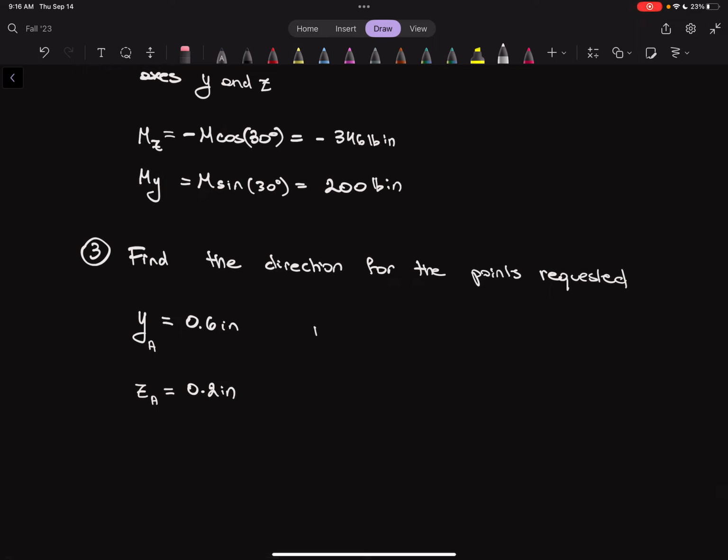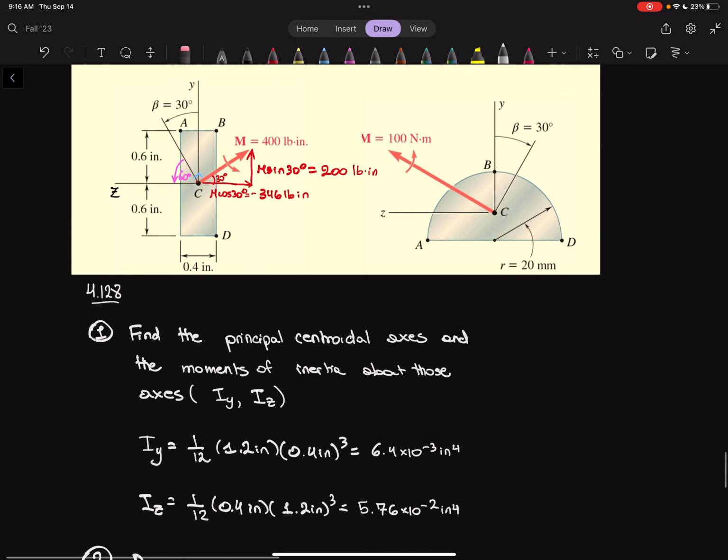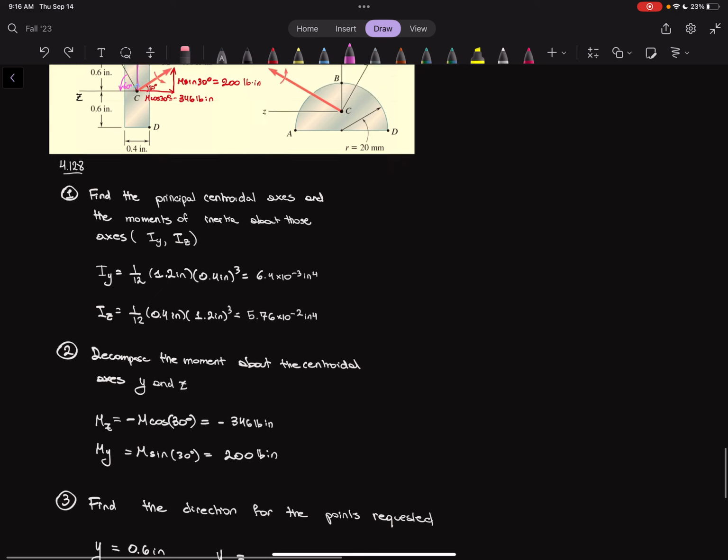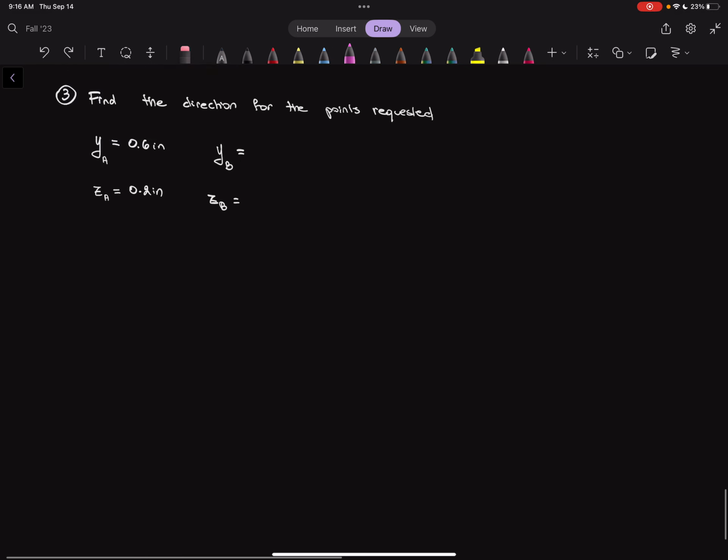We do the same for y_B and z_B. Be careful with the signs. This is where I make most of my mistakes. Along the y-axis, we're still going in the positive y direction, so that's still 0.6 inches.